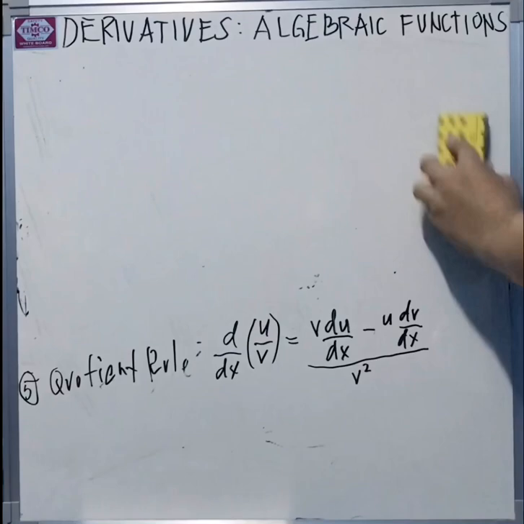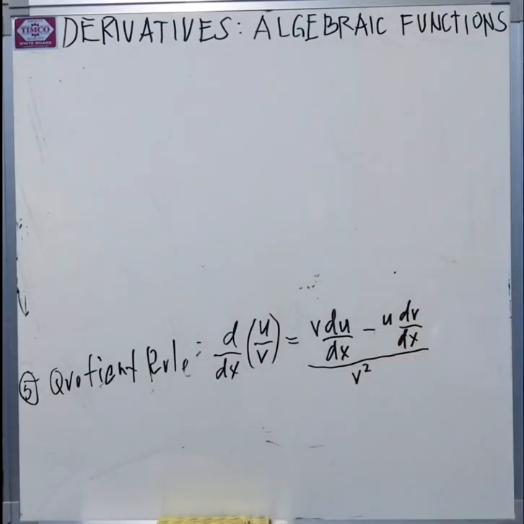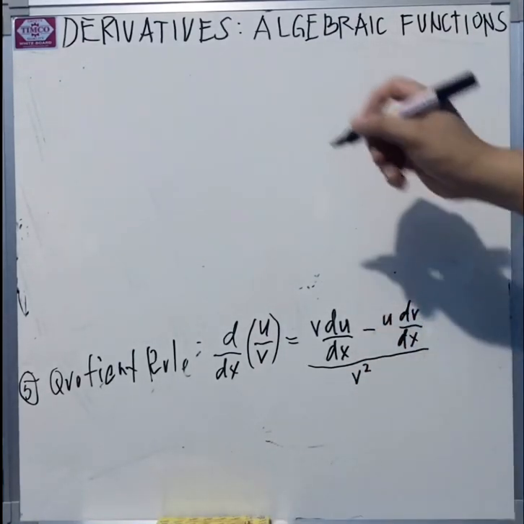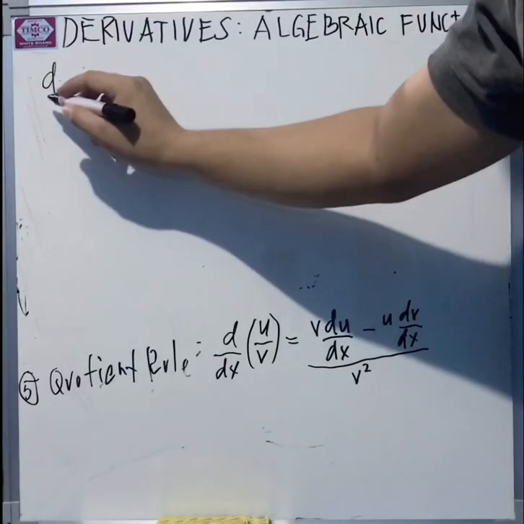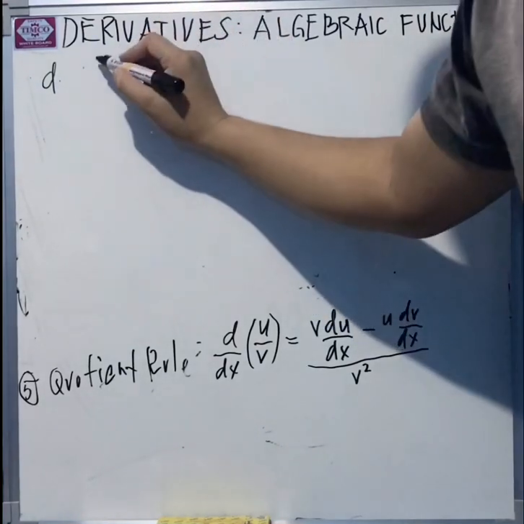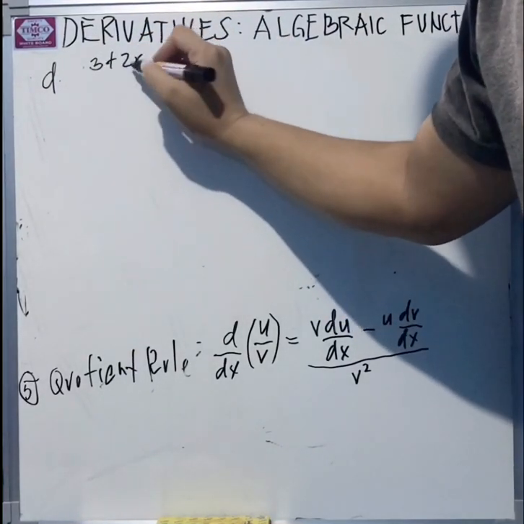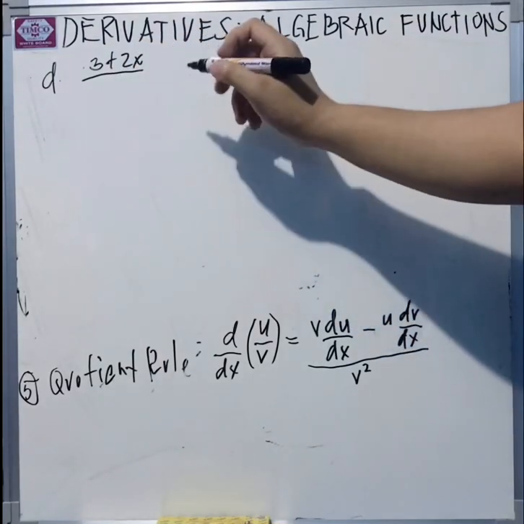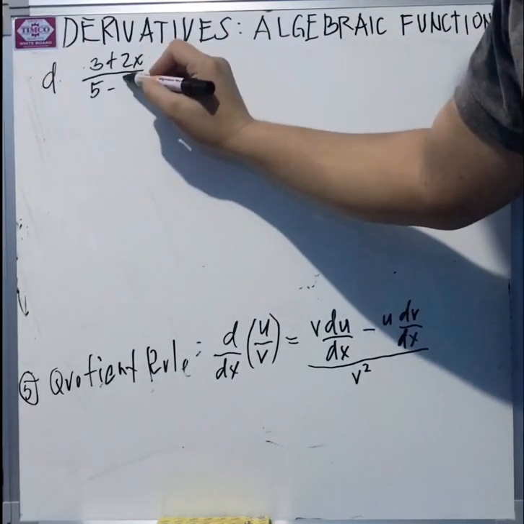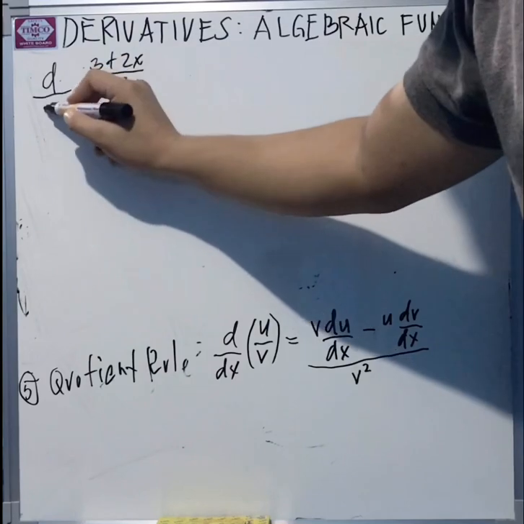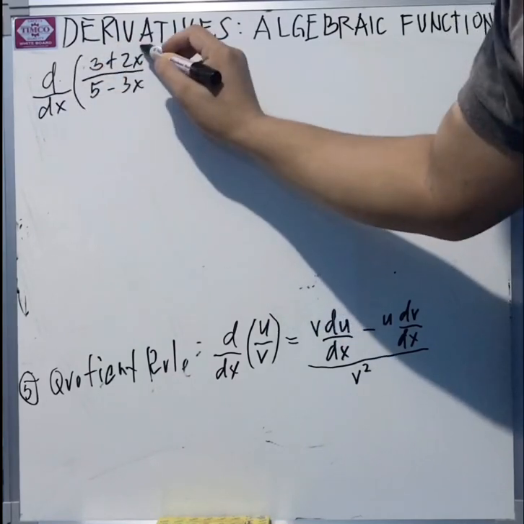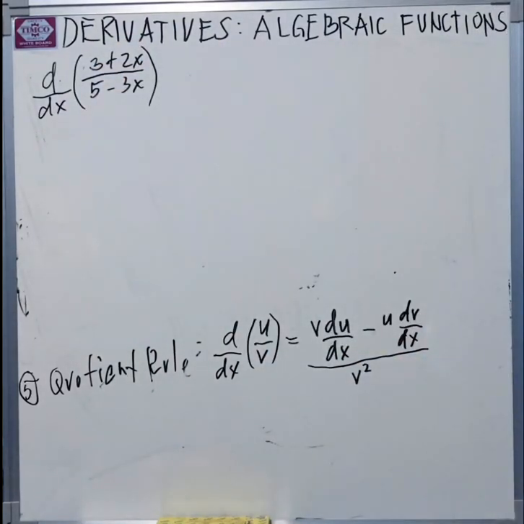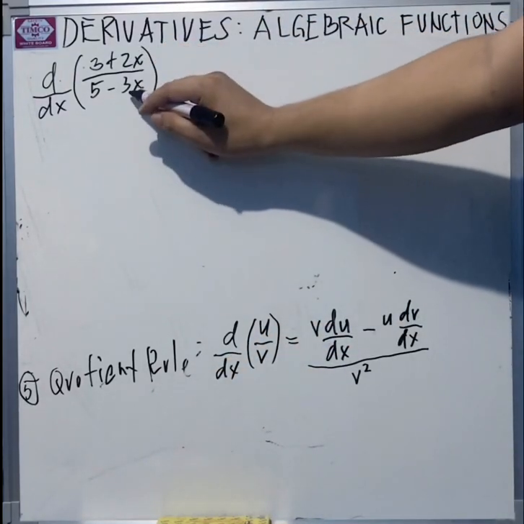Example for the quotient rule: the derivative of 3 plus 2x over 5 minus 3x with respect to dx. We need to apply the quotient rule because we have u over v.